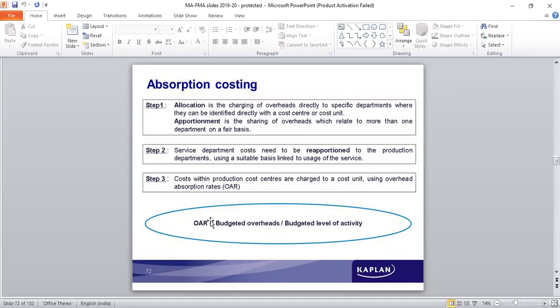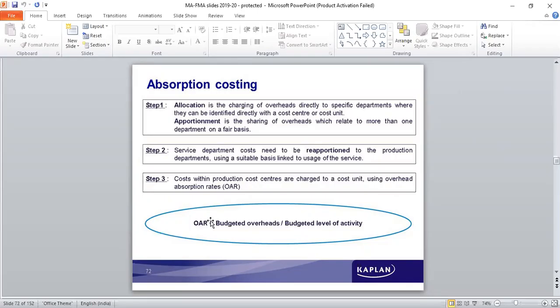4 products are there, 4 supervisors are there. So 1 supervisor is there for 1 product. So supervisor salary is directly allocated to each of the products. By nature, supervisor salary is an overhead cost. Let's say 1 person is there to manage all 4, then that person's salary will be divided and distributed. But in certain situations, each product has 1 supervisor, so we directly allocate that.